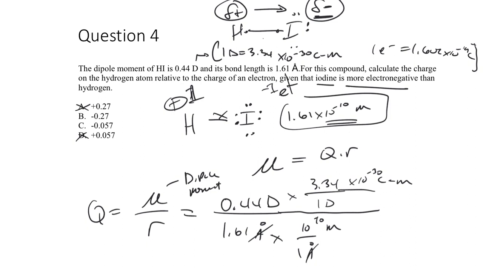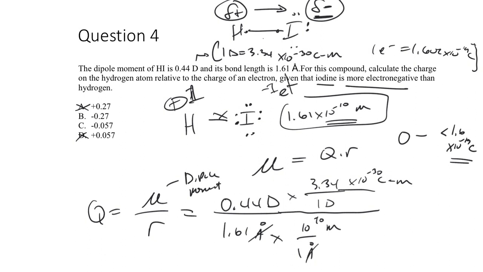So we're predicting that the charge on iodine is somewhere between 0 and less than 1.6 times 10 to the minus 19 coulombs. Okay, and so if I calculate the number of coulombs here, we go 0.44 times 3.34 e minus 30 divided by 1.61 e minus 10.